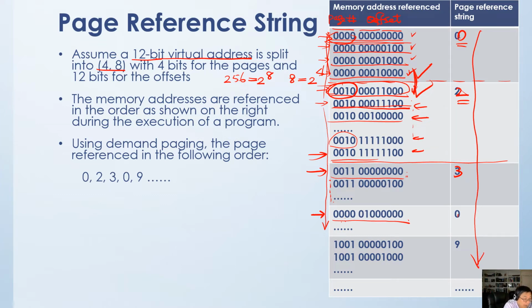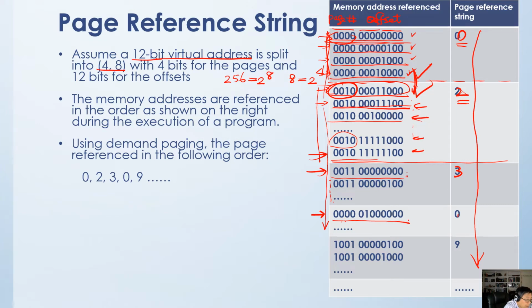Why do we want to do this? Because when you use paging, we may load page 0 into one page frame in memory, and page 2 will be loaded into another frame, right? These frames may not be close to each other.